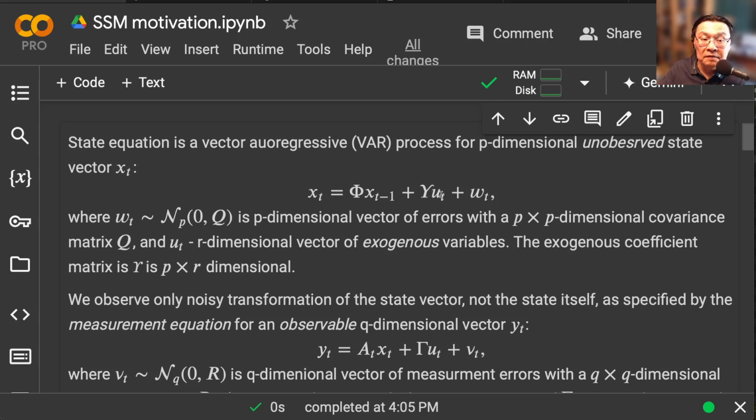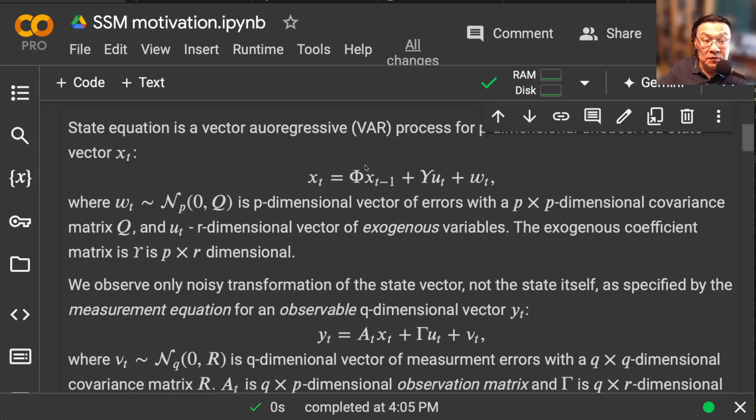So these other vectors, which are not modeled, which you are not trying to forecast, which are known, are captured in this ut. This should be similar, in the ARIMA framework, to something called ARIMAX, ARIMA with exogenous variables. Again, it's a vector autoregression process for the state, which is not observable.